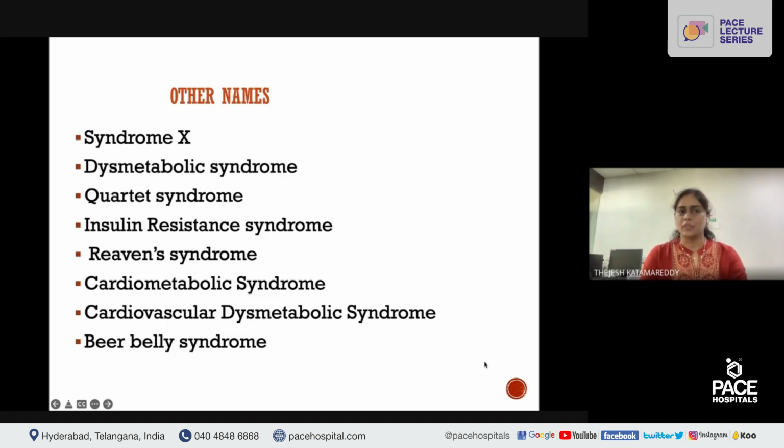Coming to other names of the disease, over these 100 years of research, metabolic syndrome has acquired many different names like Syndrome X, dysmetabolic syndrome, deadly quartet syndrome, insulin resistance syndrome, Reaven syndrome, cardiometabolic syndrome, cardiovascular dysmetabolic syndrome, and Bieber syndrome.